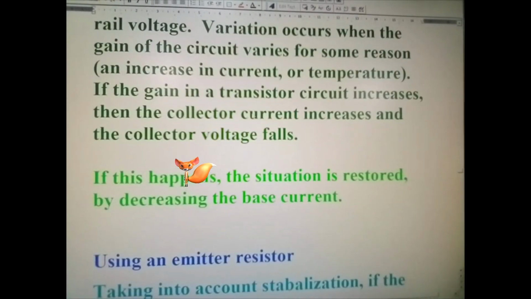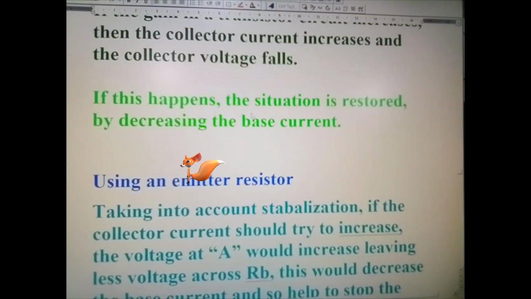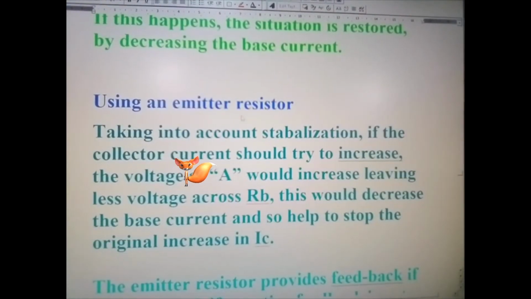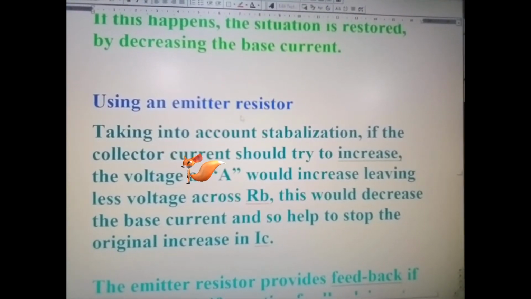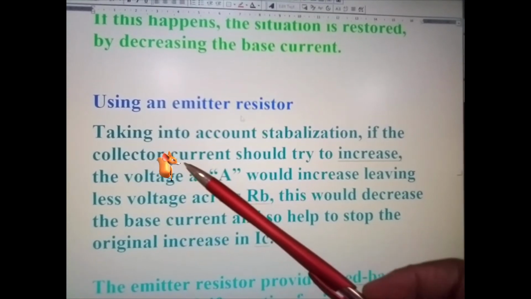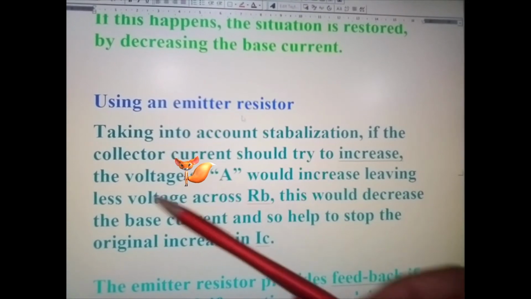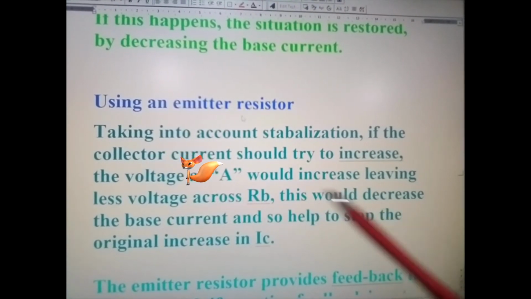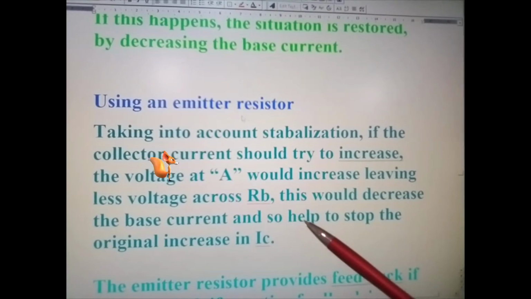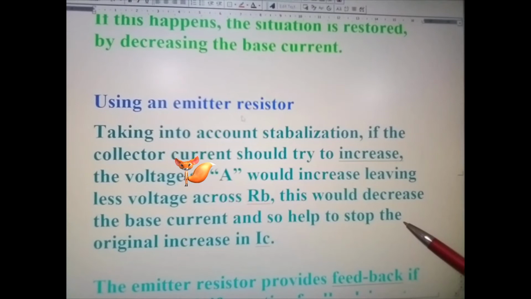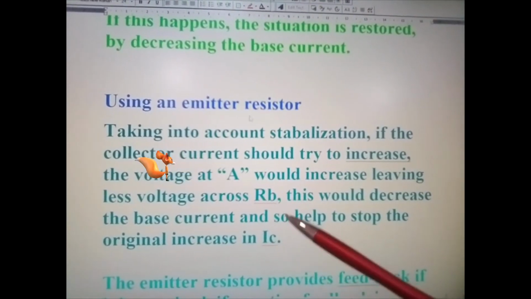Okay? Using an emitter resistor, taking into account stabilization, if the collector current should try to increase, the voltage at A would increase, leaving less voltage across RB. This would decrease the base current and so help to stop the original increase in collector current, IC.